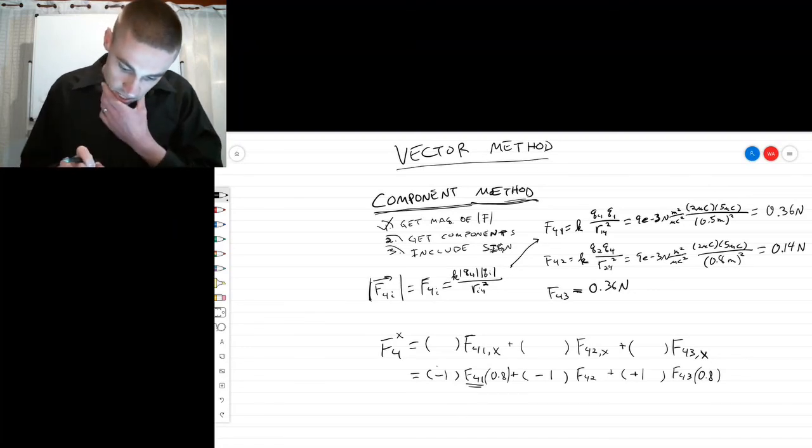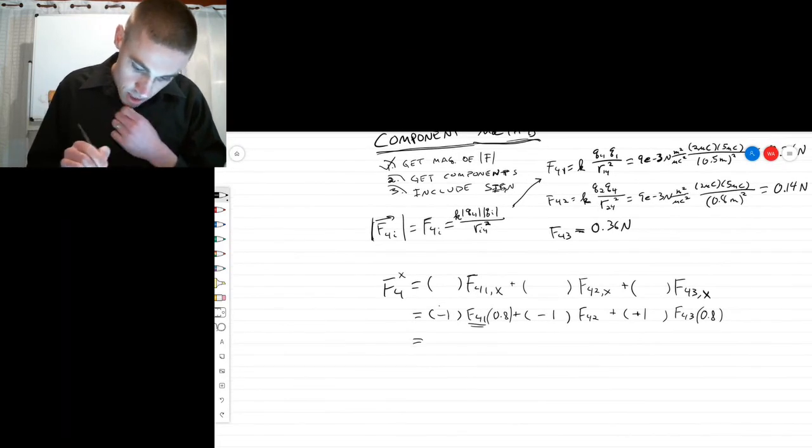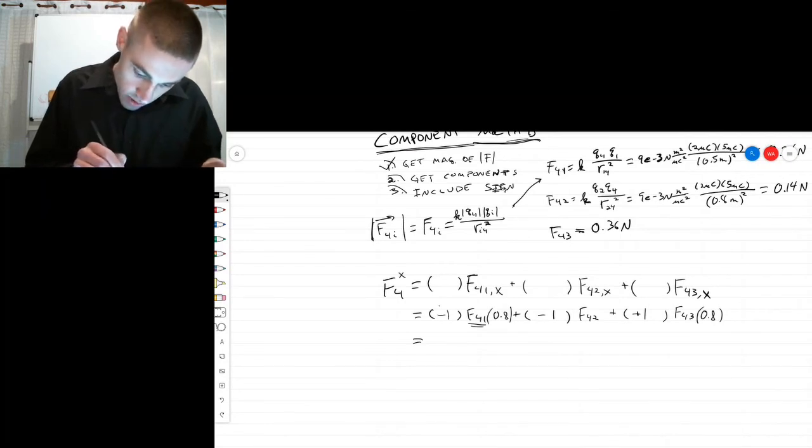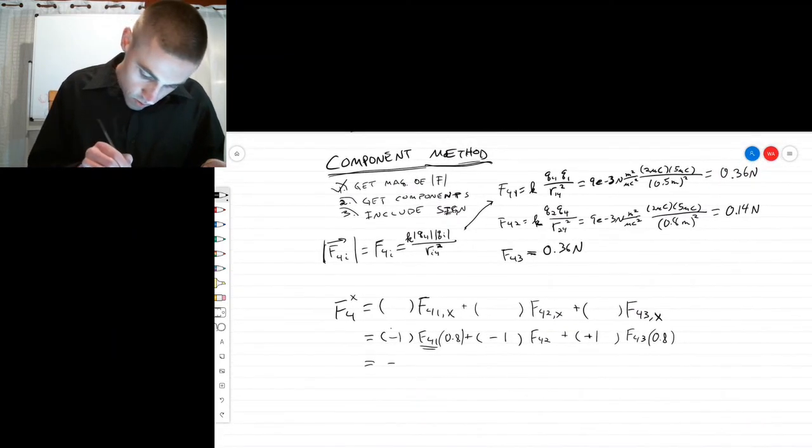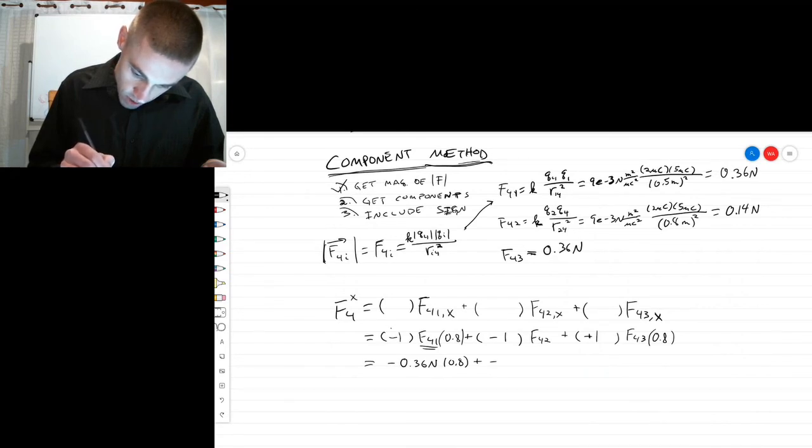Okay, great. Now I just need to plug in the magnitudes for each one of these. So I have a minus, F41 was 0.36 newtons, so minus 0.36 newtons times 0.8, plus I have a negative F42, so minus 0.14 newtons.